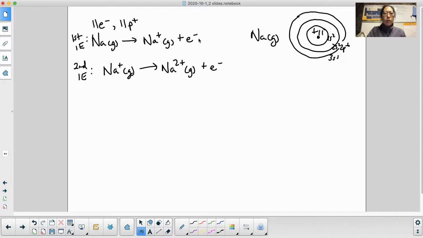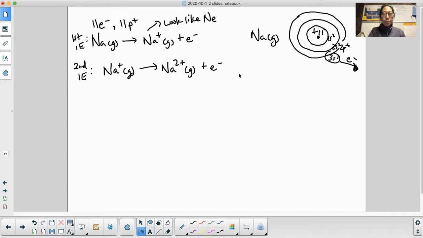So for the first ionization energy, we're losing that valence electron. This guy is going to pop off and leave as our electron. And then we'll be left with the core electrons, which look just like neon, a noble gas. So the sodium atom readily gives up its valence electron so that it can look like neon and have that closed outer shell.